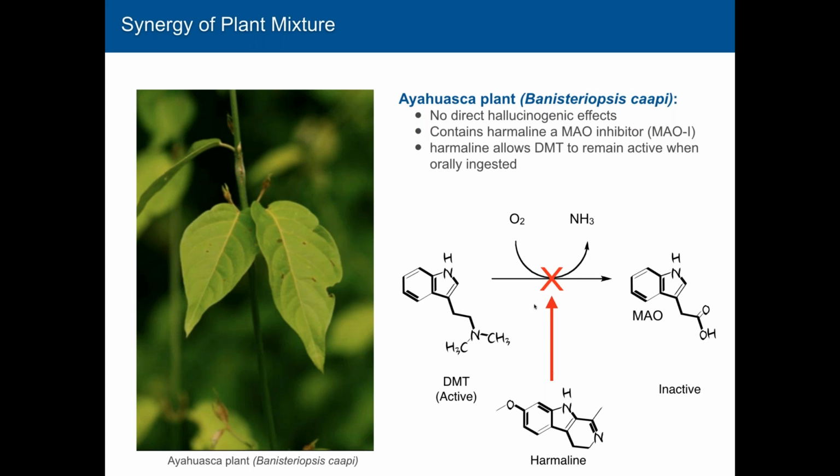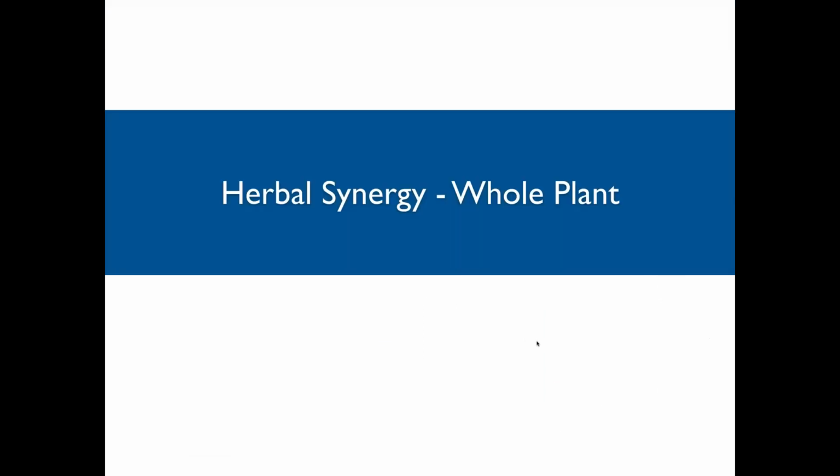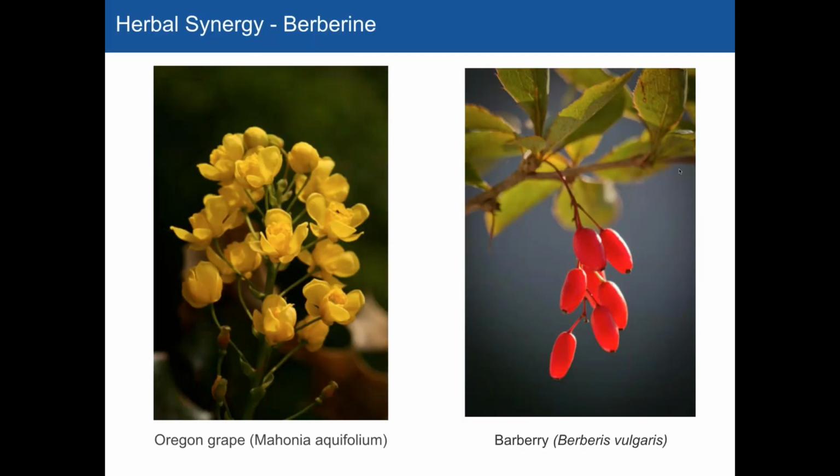And so this is an example of synergy where one plant alone has essentially no effect or very little effect on the body, but when you combine them, there's an effect that occurs that's profound, very, very significant, okay? Now, another example of this is certain herbal antimicrobials, okay?